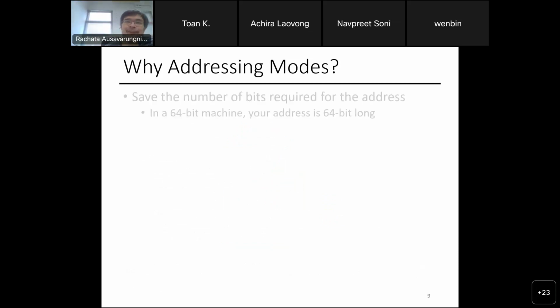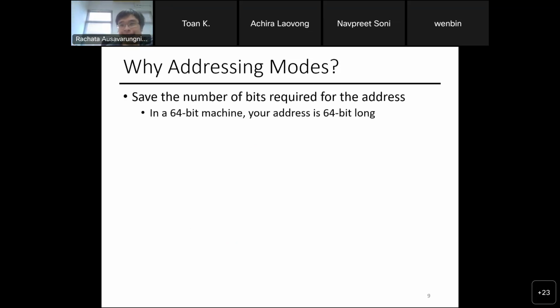This allows you to save the number of bits required for the address, right? Because if you have a 64-bit machine, your address is going to be 64 bits long, right? Are we all agreed on that? In a 64-bit machine, my address is 64 bits long. So if I want to represent an address in my instruction, how many bits do I need for that?